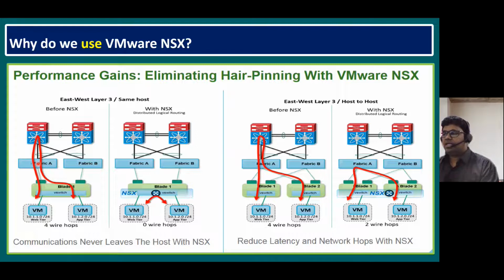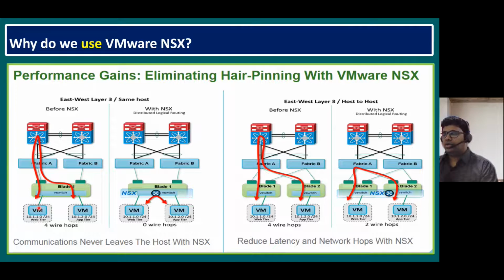Fabric A, and fabric is nothing but a network device. So in this diagram, fabric A refers to switch A. From the ESXi host, the connection goes to the switch, and from the switch to the router. In the same way, fabric B is also connected to the ESXi host. Fabric B also has connections to multiple routers.